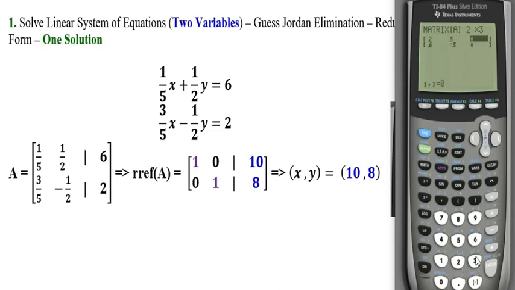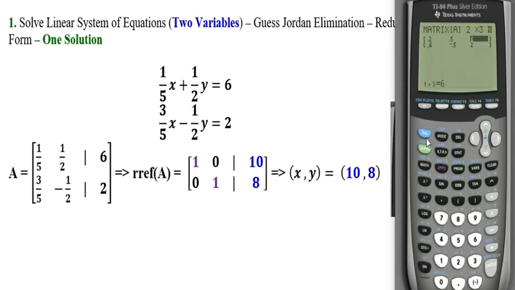Augmented with 6, 2. Okay, let's make sure our entries are correct. 6, 2, 0.5, minus 0.5, 0.2, 0.6.